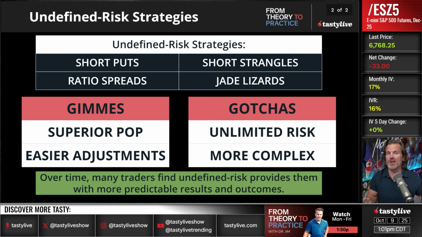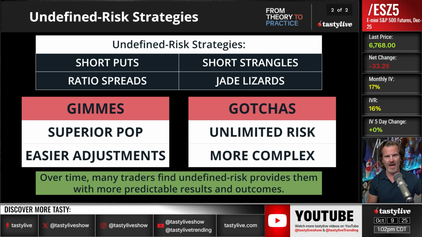And I would say short puts and short strangles are going to be on the top of that list. These are probably the 2 undefined risk strategies that many of you who have been trading undefined risk, you probably have a couple of these on in your portfolio right now. This is the tried and true. These are the plain vanilla, very classic strategies when it comes to undefined risk.